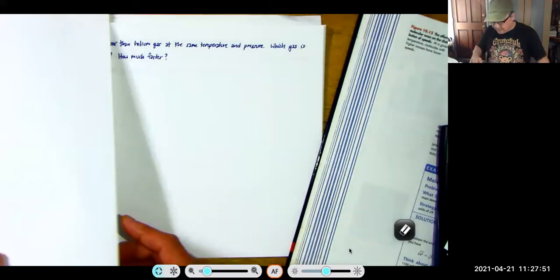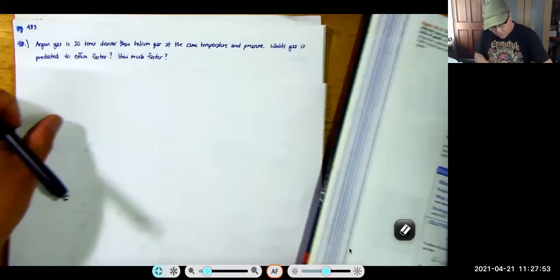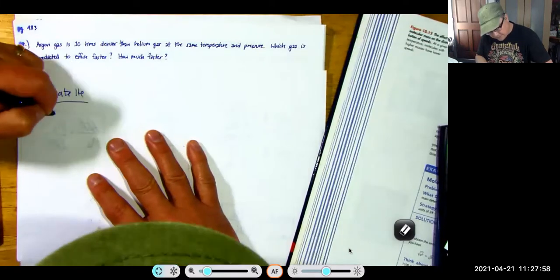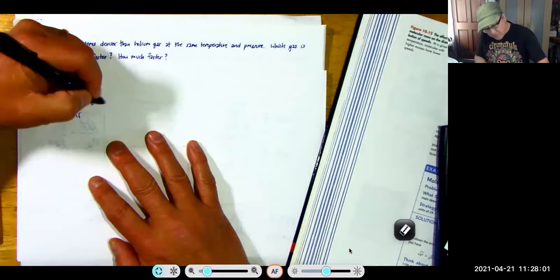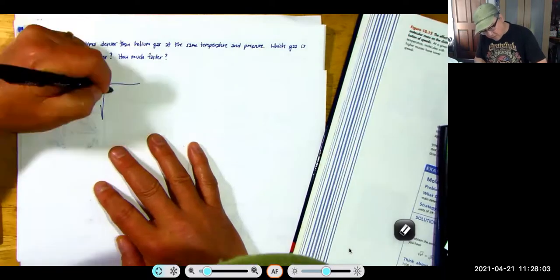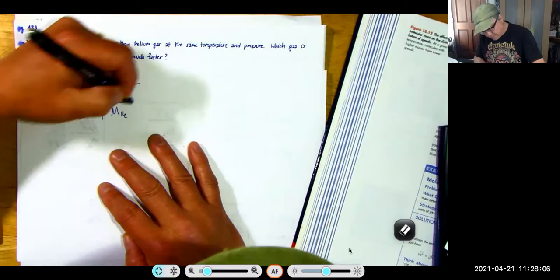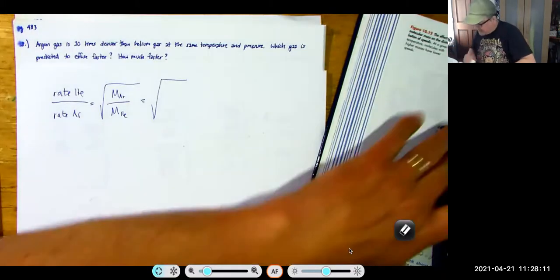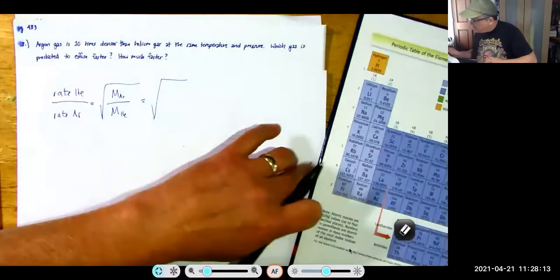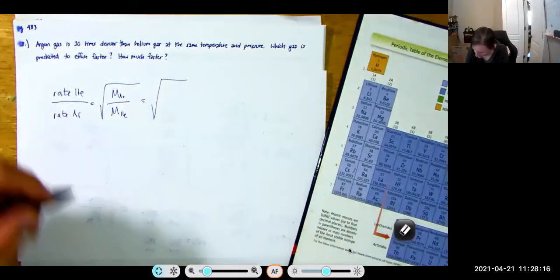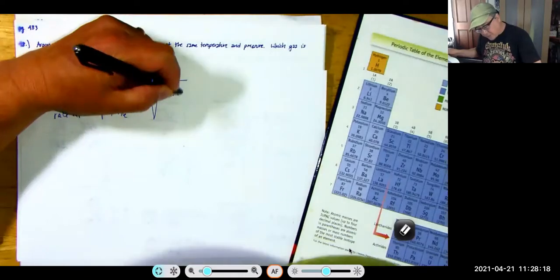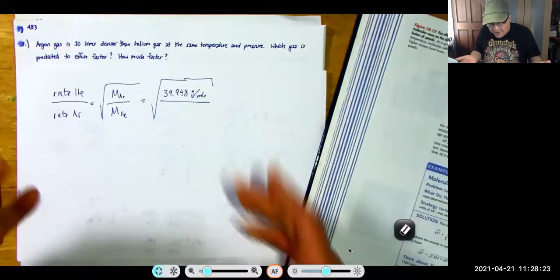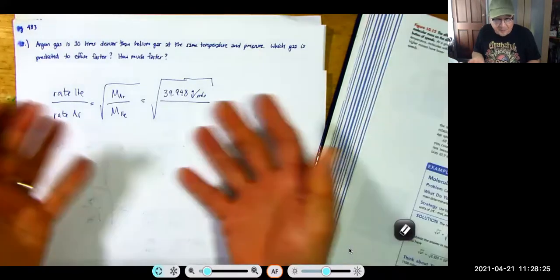So now we can finish this one off here. We're starting with the rate of helium over the rate of argon is the square root of the molar mass of argon over the molar mass of helium. The molar mass of argon is 39.948 grams per mole. And notice here, I'm not concerned with kilograms or per mole.